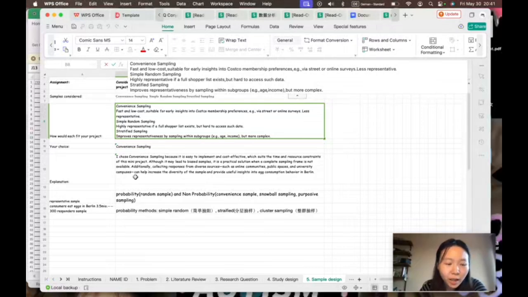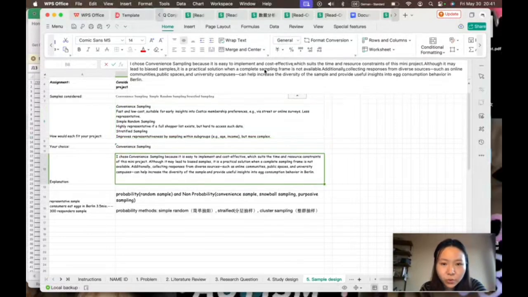I chose convenience sampling because it is easy to implement and cost effective, which suits the time and resource constraints of this mini project. Although it may lead to biased samples, it is a practical solution when a complete sampling frame is not available.